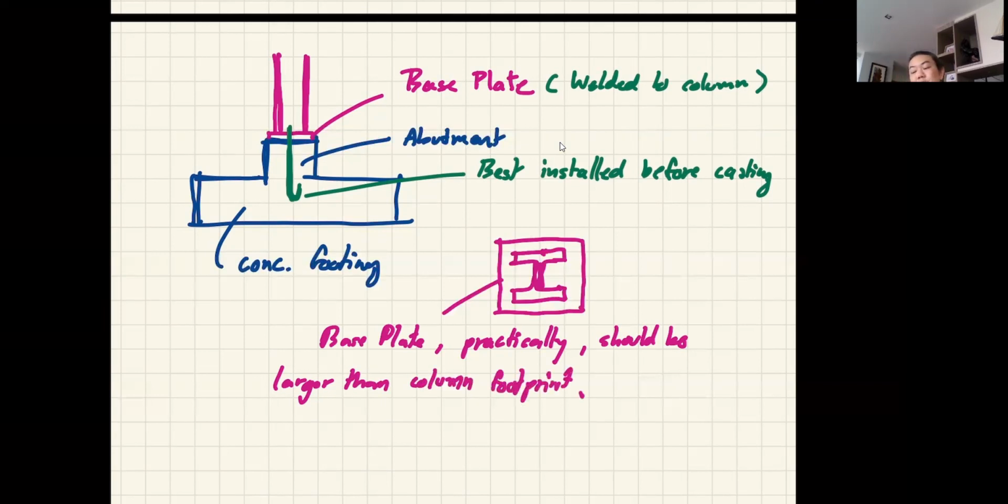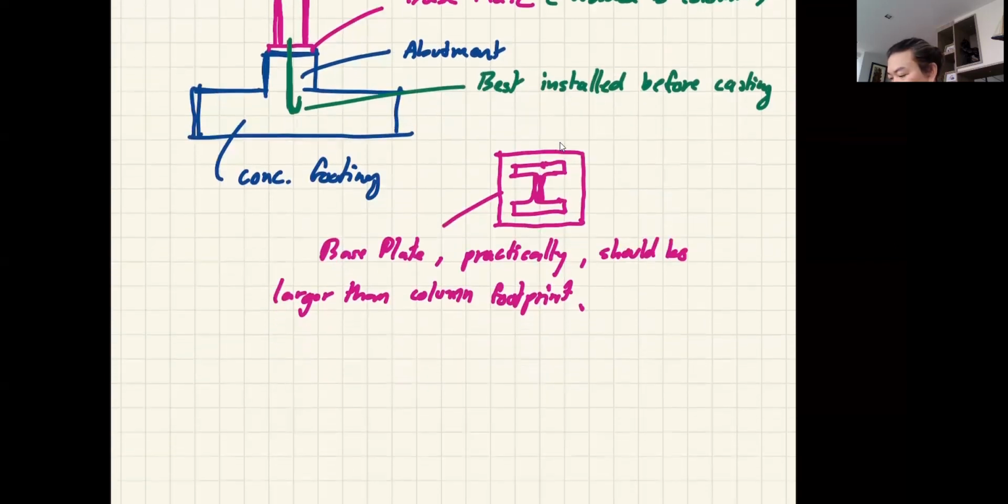Okay, now, because we all know that steel is stronger than concrete, when we try to attach the steel structure to the concrete, we have to be concerned with one or two things. First of all, because steel is stronger, we must make sure that the concrete will not fail. Most of the time, when the load comes down here, it is compression. So we must make sure that the concrete has an area big enough to withstand that compression.